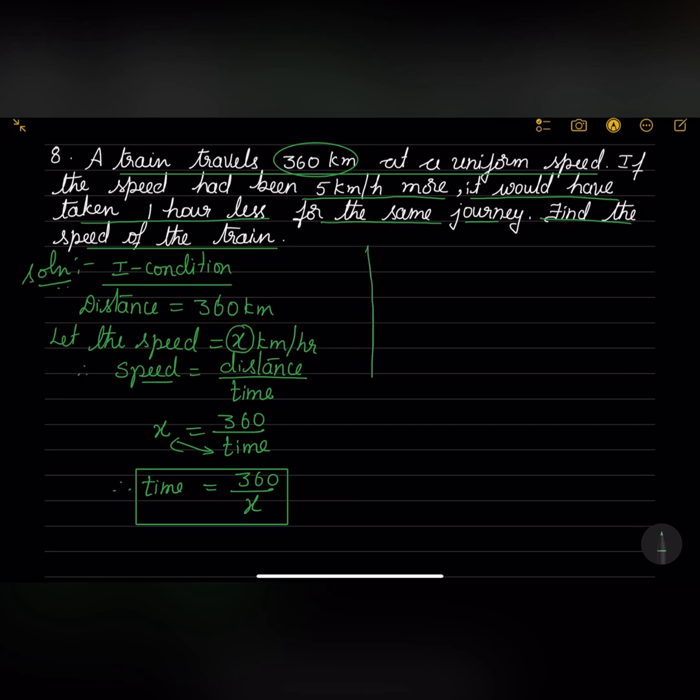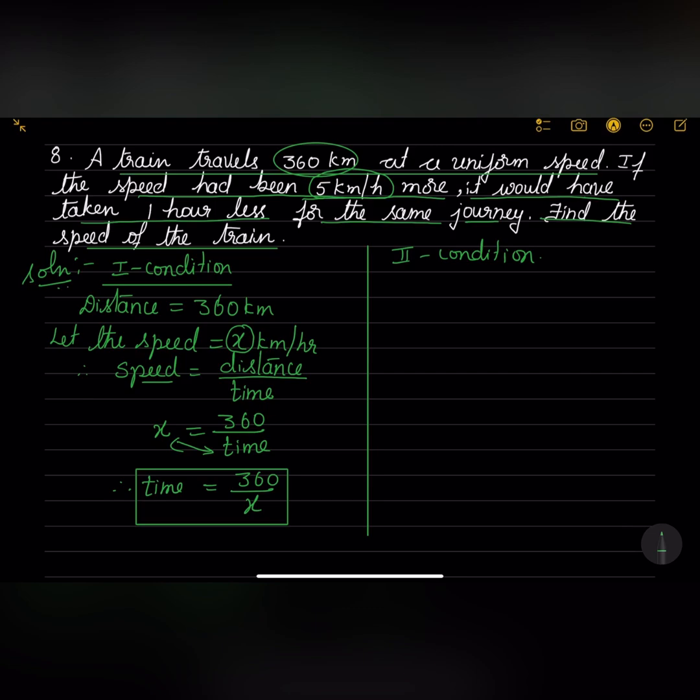We will go for the second condition, what they have given. They have given, if the speed had been 5 kilometers more, it would have taken 1 hour less for the same journey, right?